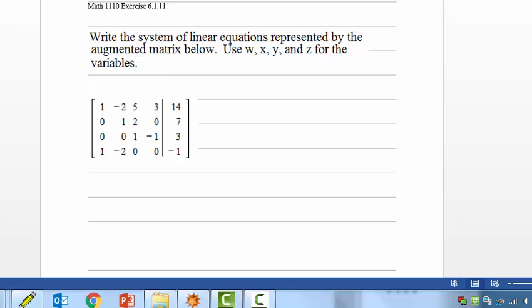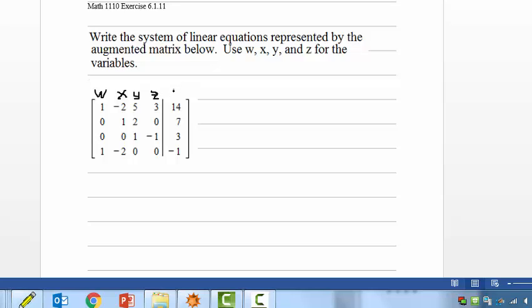So the first column, therefore, would represent the coefficients of the variable w. The second column represents the coefficients of the variable x. The third, coefficients of the variable y. And the fourth, coefficients of the variable z.